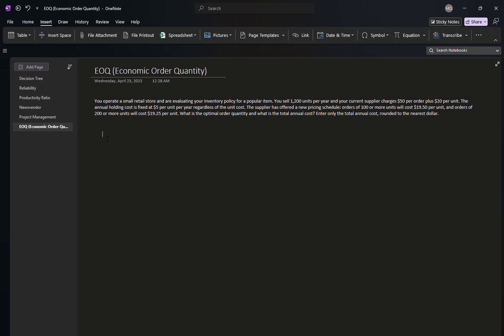So this problem is about figuring out how many units you should order at a time, also known as the EOQ, to minimize the total inventory cost. So let's start with what we're given. The demand is 1,200 units per year.